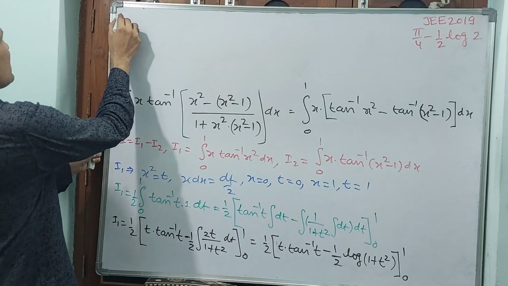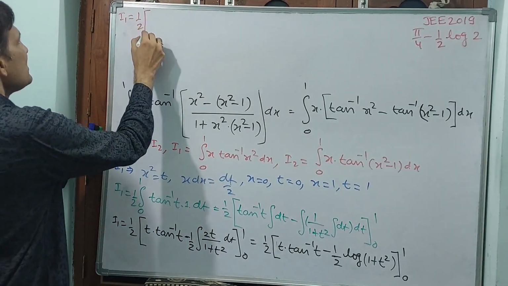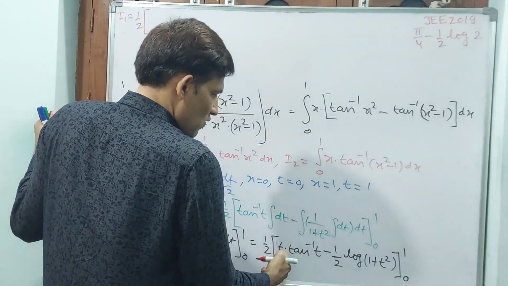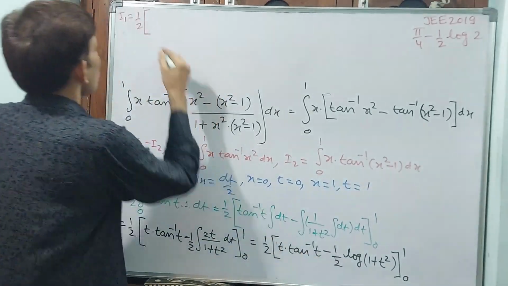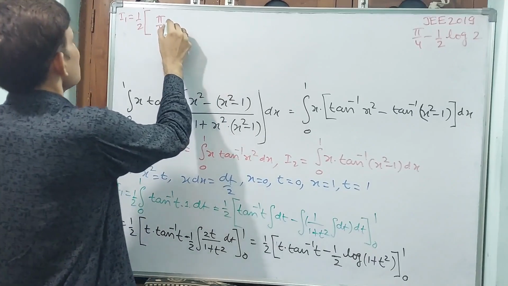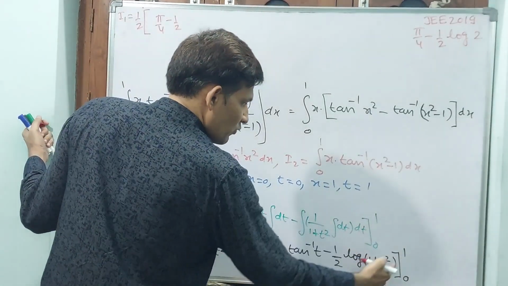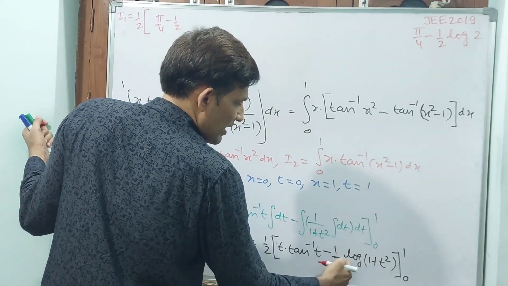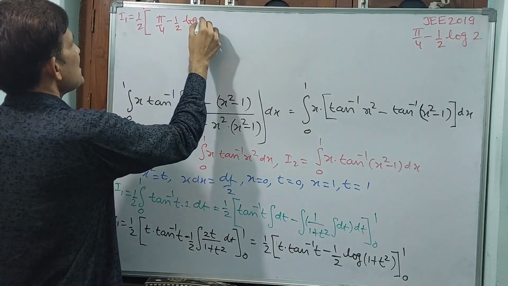Now write down. I1 is equal to 1 by 2. See, first you are giving the upper limit. 1 into tan inverse 1, pi by 4. Pi by 4 will come. Minus 1 by 2 into, see, if you give 1 square here, 1 plus 1, 2, 1 by 2 log 2.